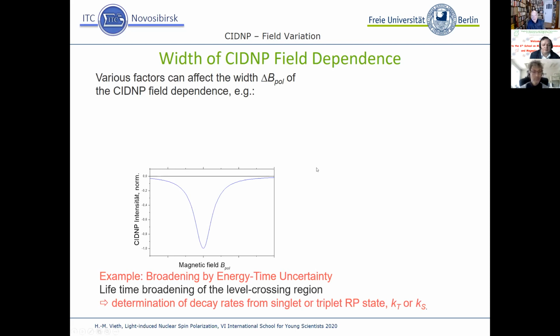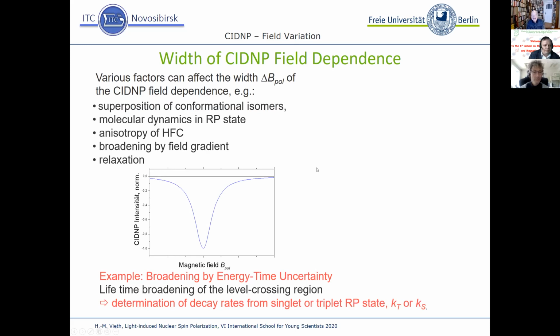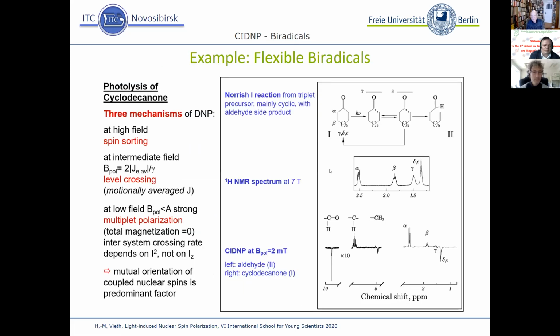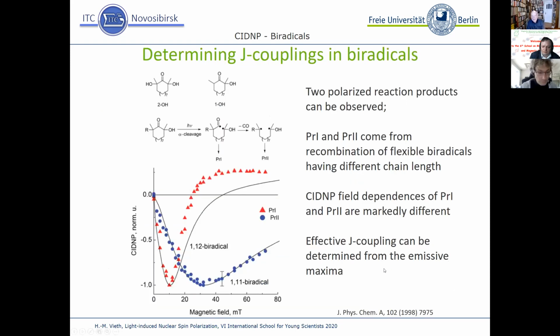So you can get from the field dependence altogether the g factors, the electron exchange interaction, and the hyperfine coupling of your short-lived radical pairs. And this is a very important tool for analysis of these short-lived radical intermediates.